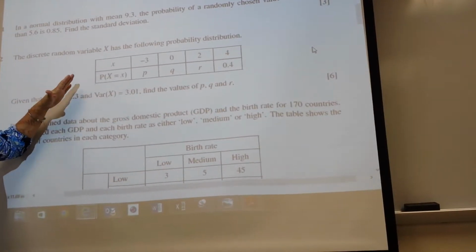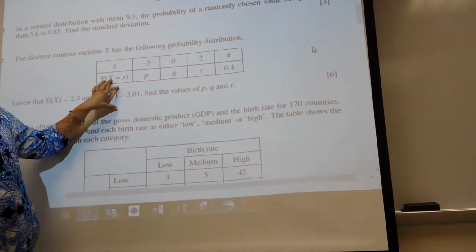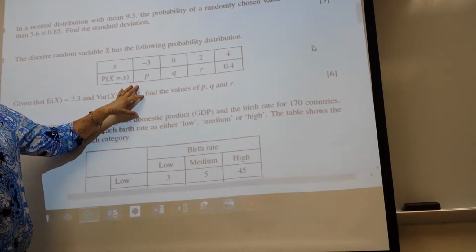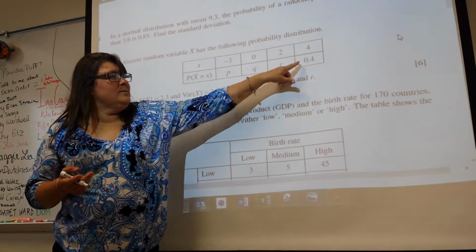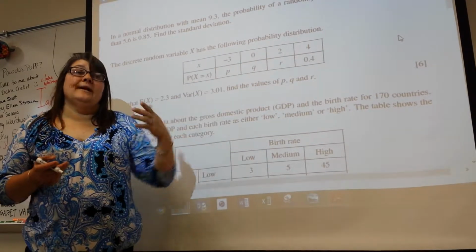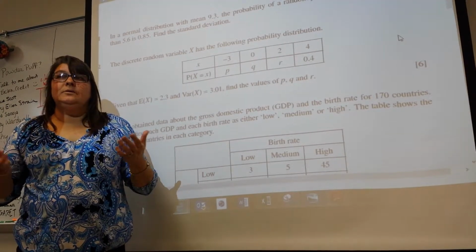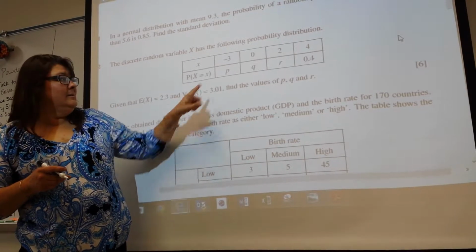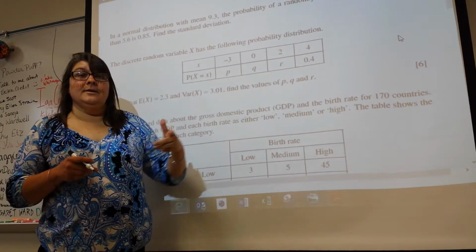So that's one equation. And they're giving you the variance answer, so that's the second equation. But the last thing that you have to remember is that this plus this plus this plus this equals 1. That's the third equation. Why in the world would we want 3 equations? Because we have 1, 2, 3 unknowns.